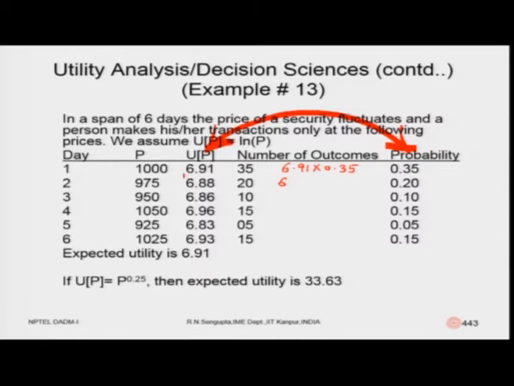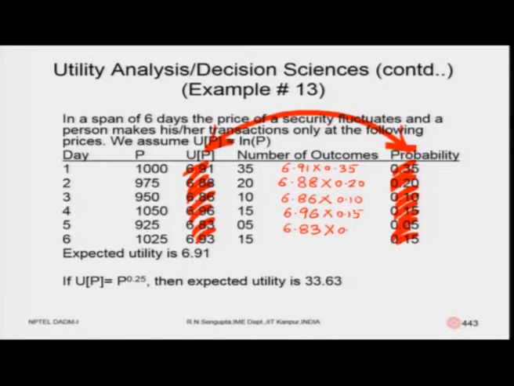So, these are to be multiplied, and the values come out to be, if you add them up, 6.91.